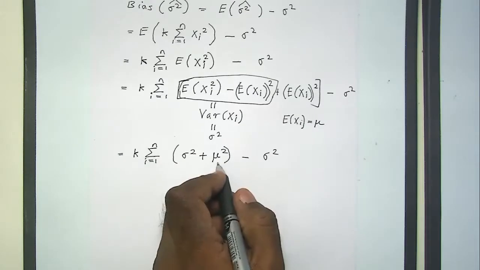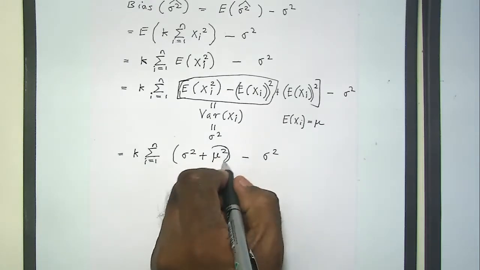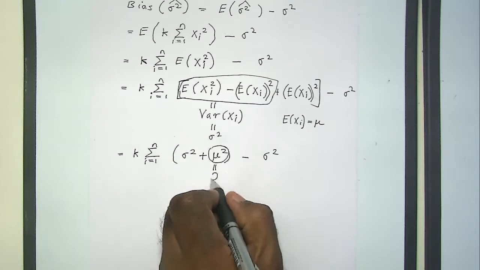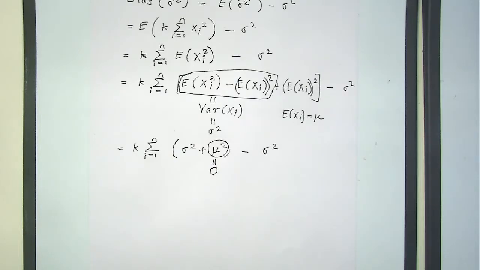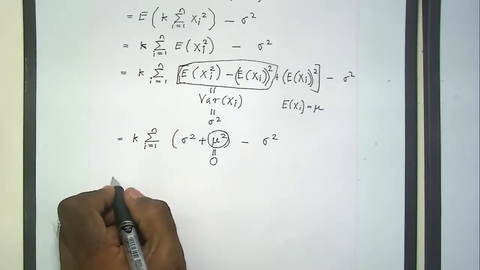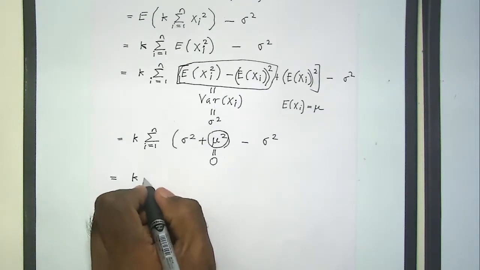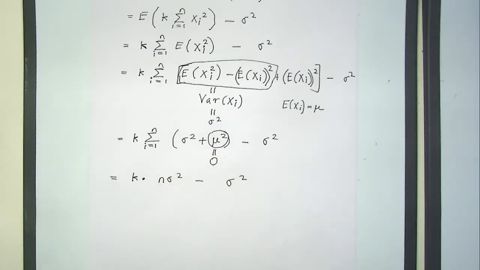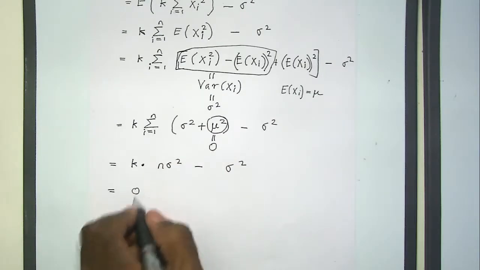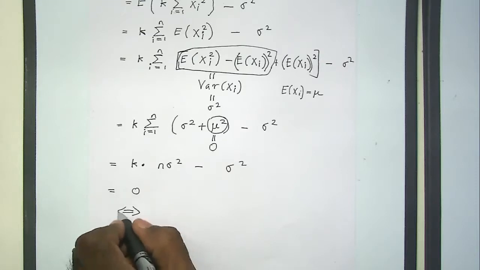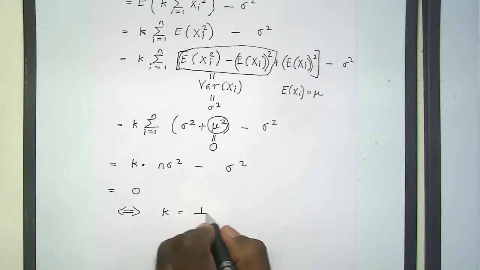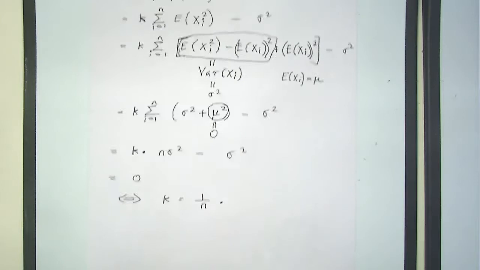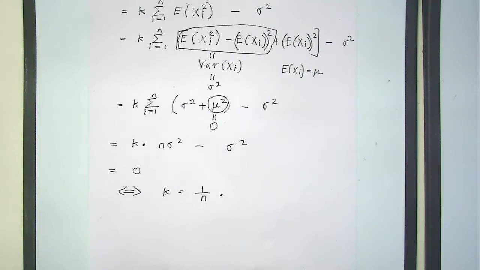Actually, mu is 0 in this case, so this guy here is equal to 0 because we are assuming the population mean is 0. It says mu equal to 0 in the question, right? So what you have is k multiplied by n sigma squared minus sigma squared, right? And this is 0 if and only if k is equal to 1 over n. Right? Do you follow what I've done?